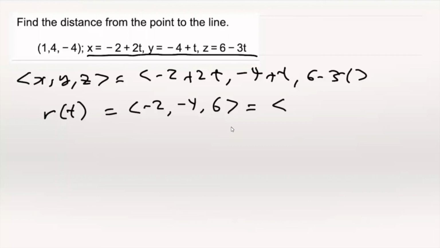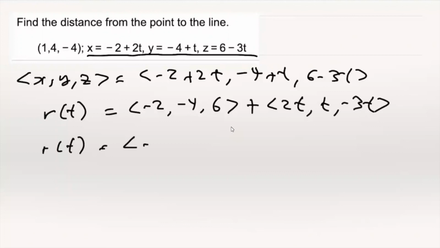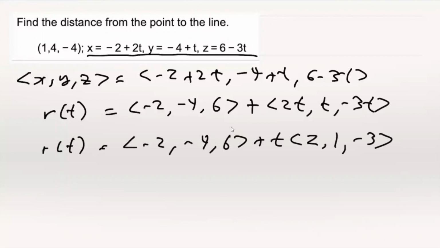plus 2t, comma, t, comma, minus 3t. And that's negative 2, negative 4, 6, plus t times 2, 1, minus 3.